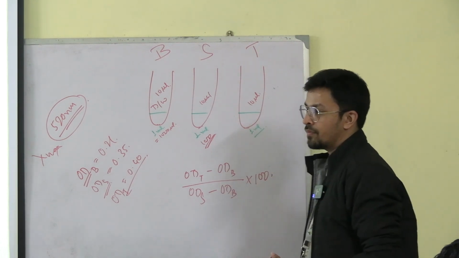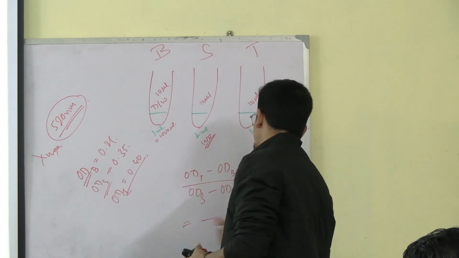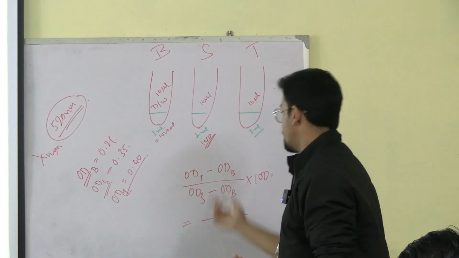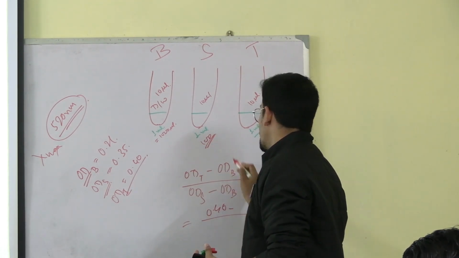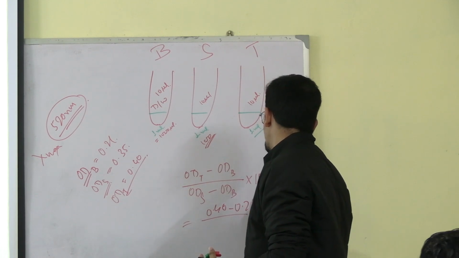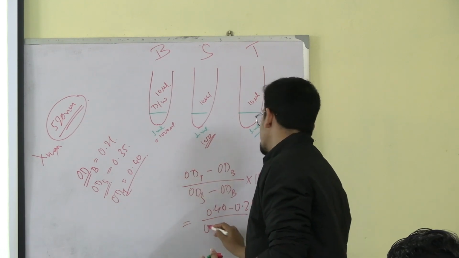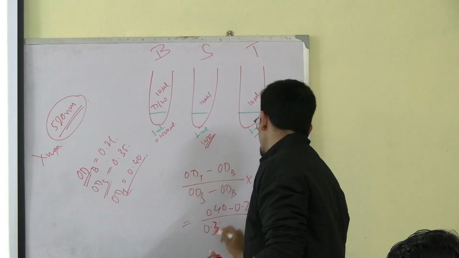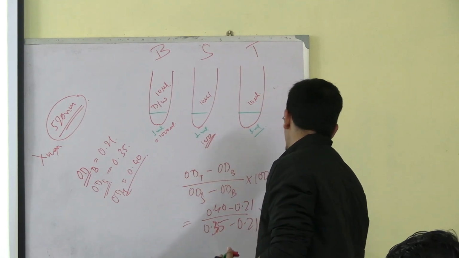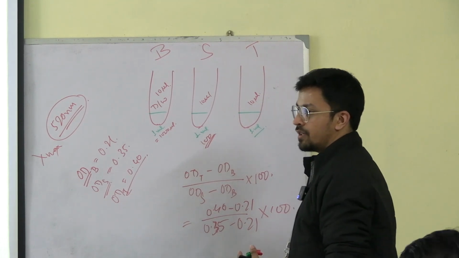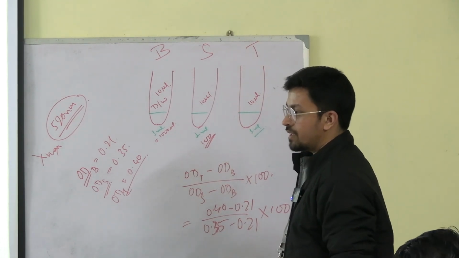That's all. If you just put the value, it's just class 1 mathematics. ODT is 0.40, ODB is 0.21, ODS is 0.35, minus 0.21, into 100. Can't help it, maths is there, you have to do it.